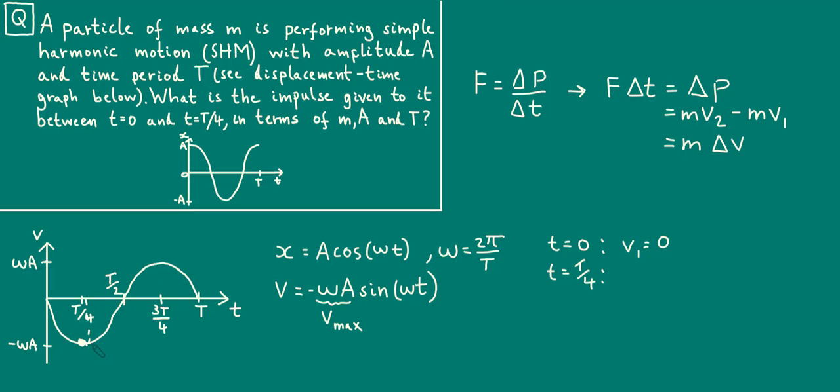That's the maximum negative velocity of the particle, which as we discussed is minus omega A. So v2 is equal to minus omega A. And what this means is that the change in velocity, v2 minus v1, is simply minus omega A.